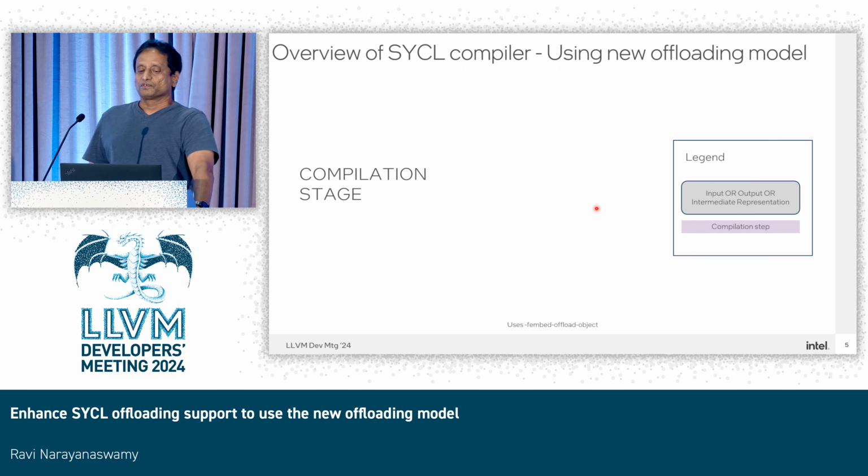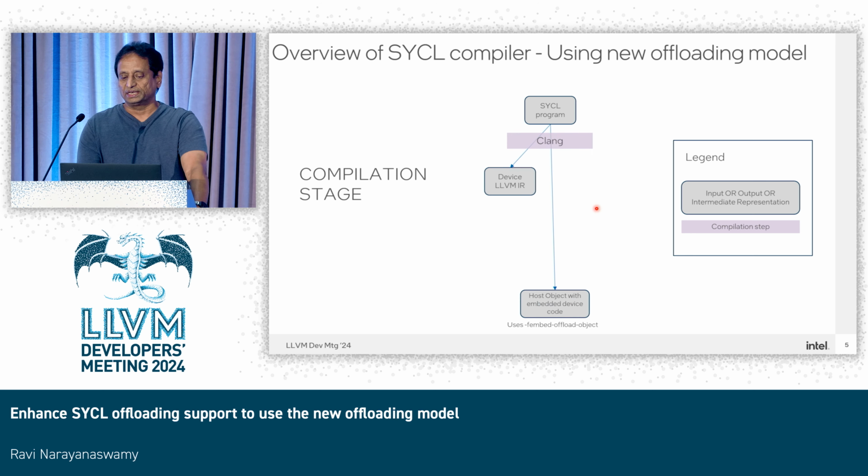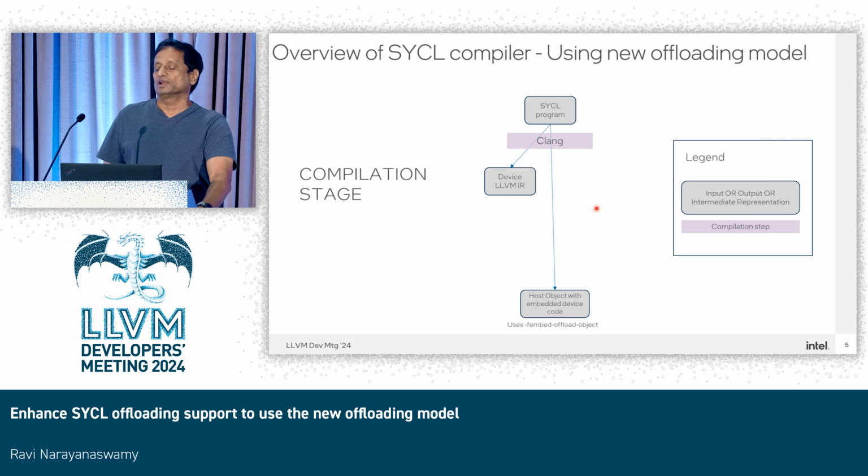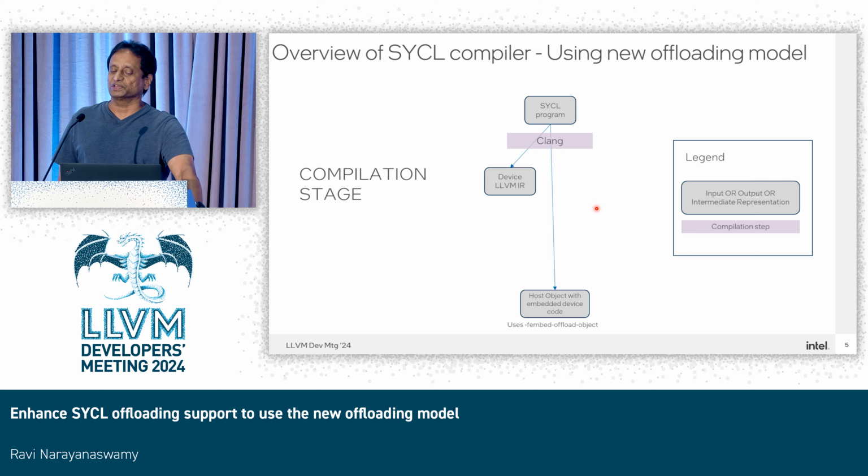So here's the overview of the SYCL compiler using the new offloading model. I'm going to talk about the compilation phase first, and then the linking phase. You have a SYCL program here, and you invoke Clang on it. This is a two-pass compilation. In one of the passes, we generate the host object file.